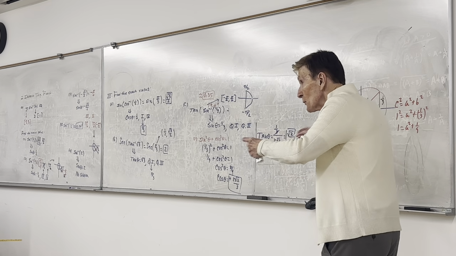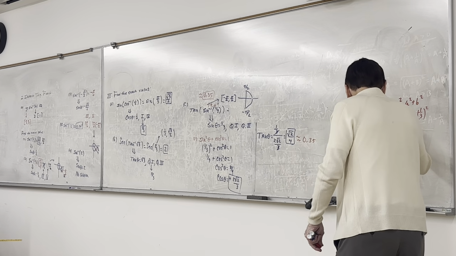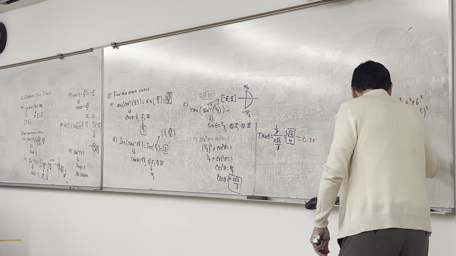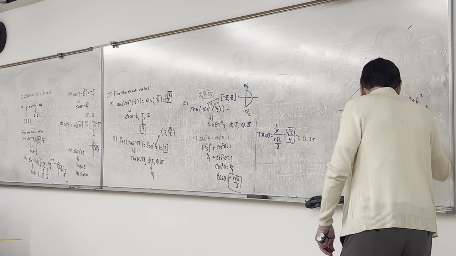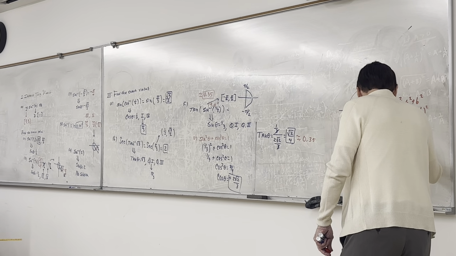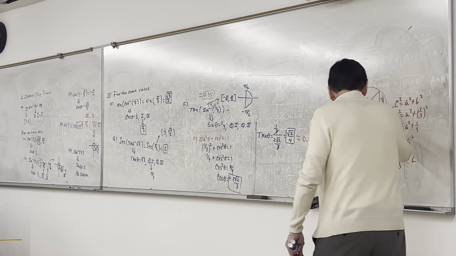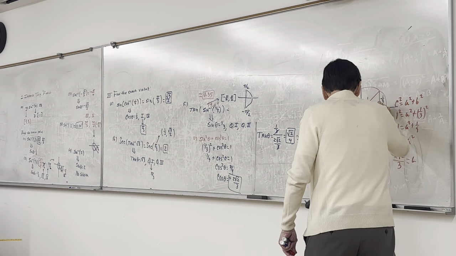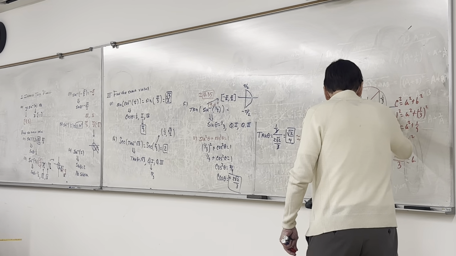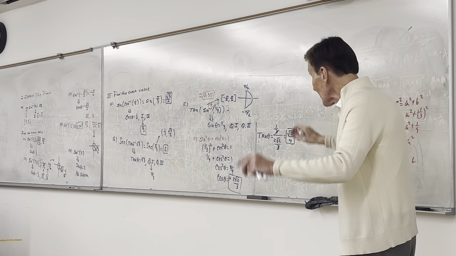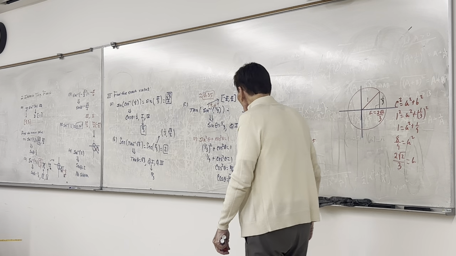Solve for a: move the 1/9 over, subtract it, you get 8/9. Do a square root. And that goes down here. True, by the Pythagorean theorem.